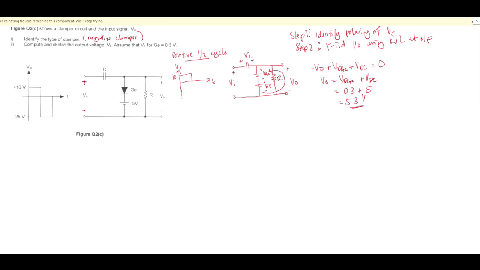Now we move to step number 3. You need to find VC, the capacitor voltage. Here again you need to apply the KVL.